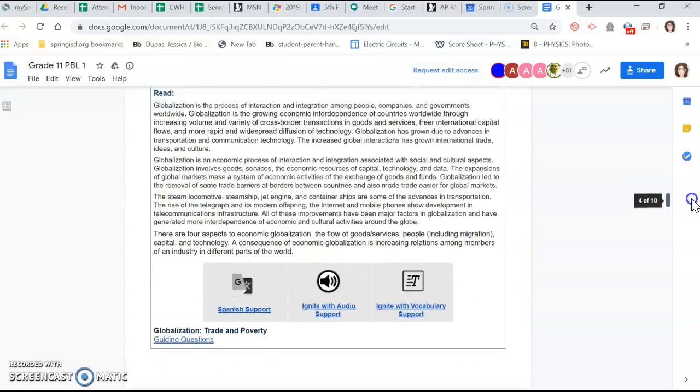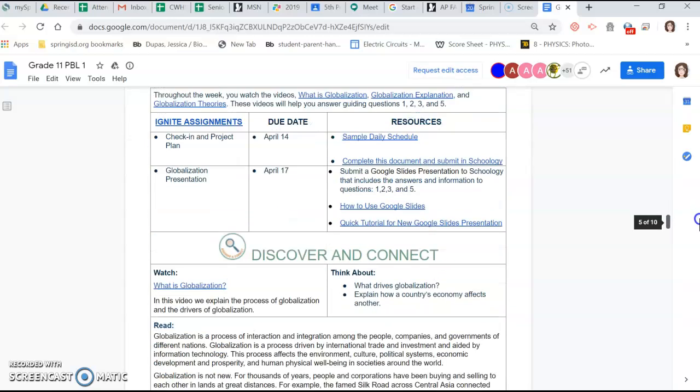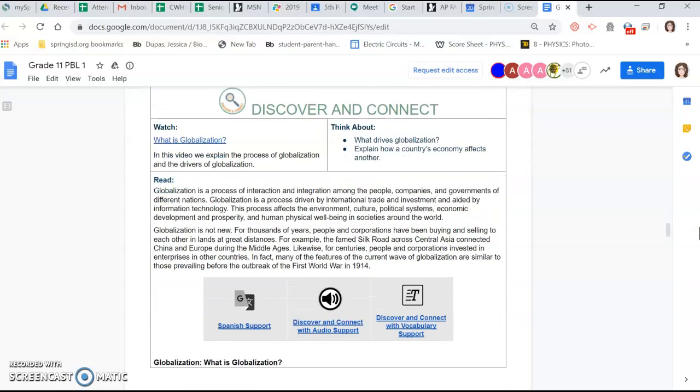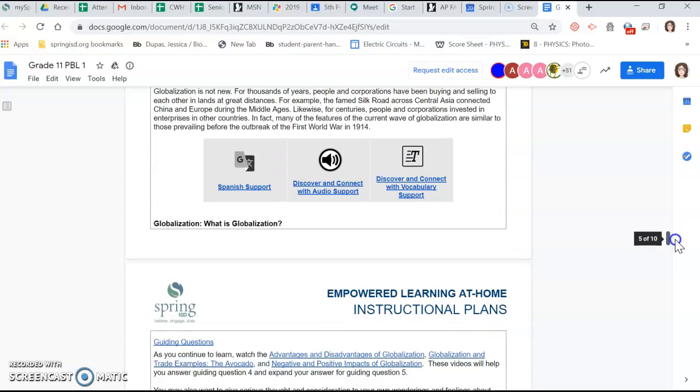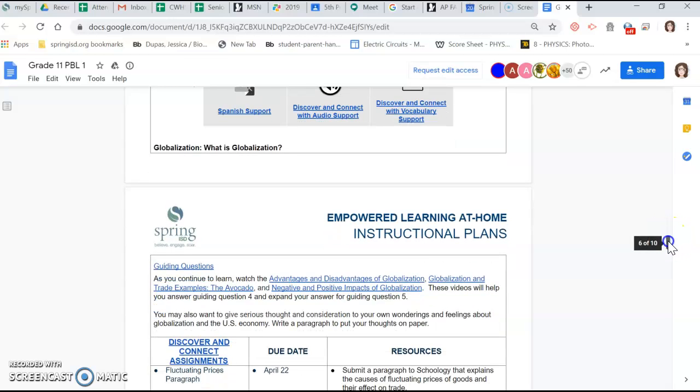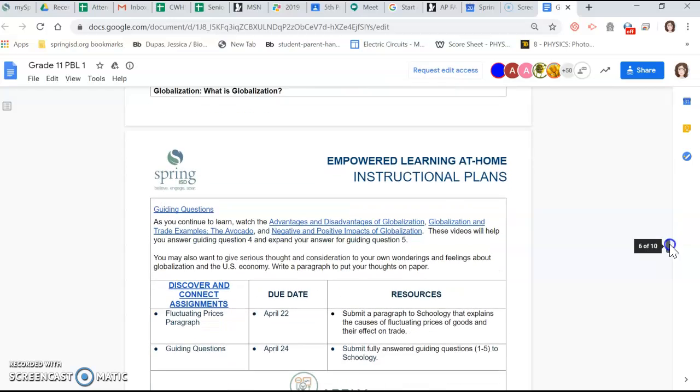We've already done the Ignite, so now we're on the Discover and Connect section. This is basically the middle section, and we're looking at what is globalization. This is information that you already know; we're just going to be expanding on it a little bit. You've got exactly the same guided questions, which will be the same through the whole project.